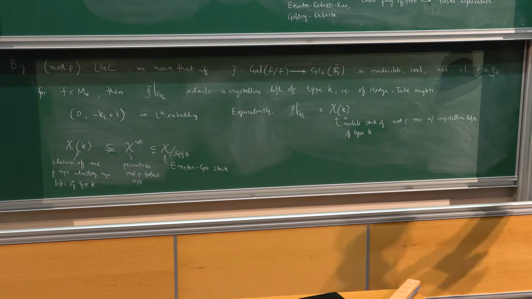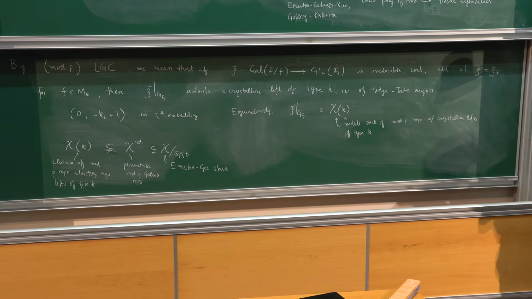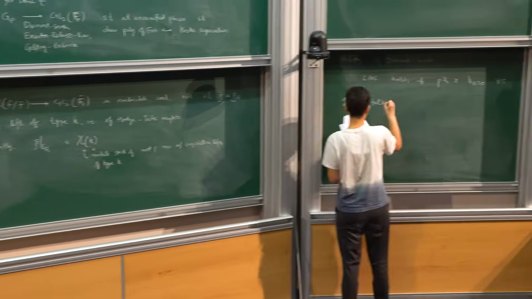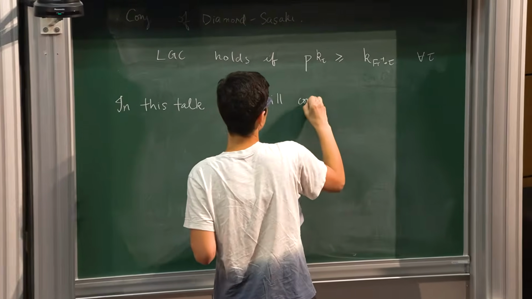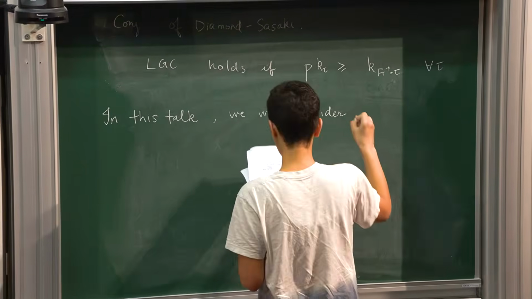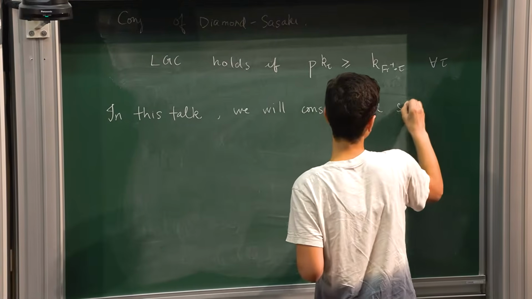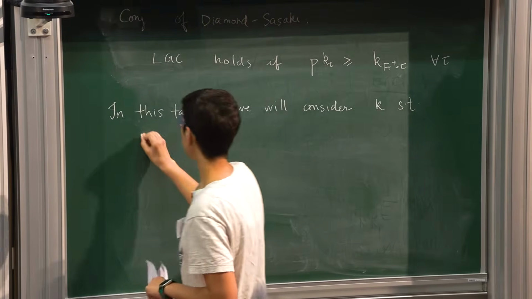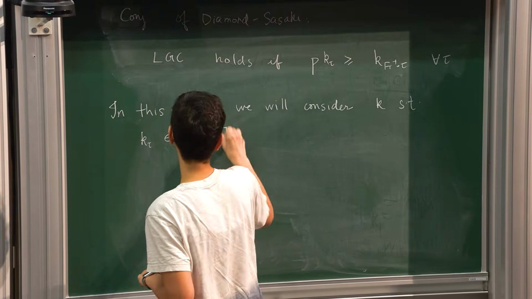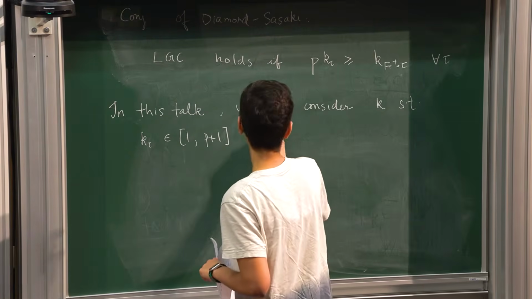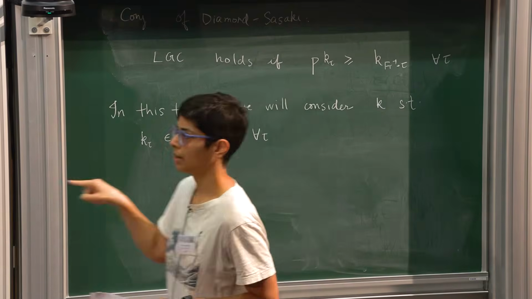Okay, so in this talk, we will consider weights k such that each k_tau is between 1 and p+1.